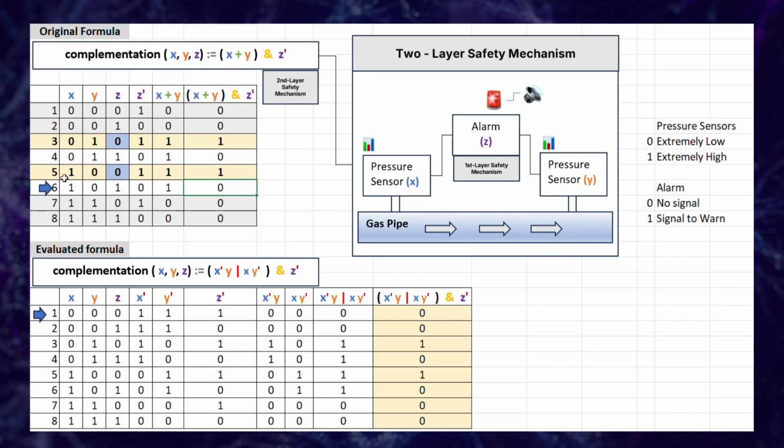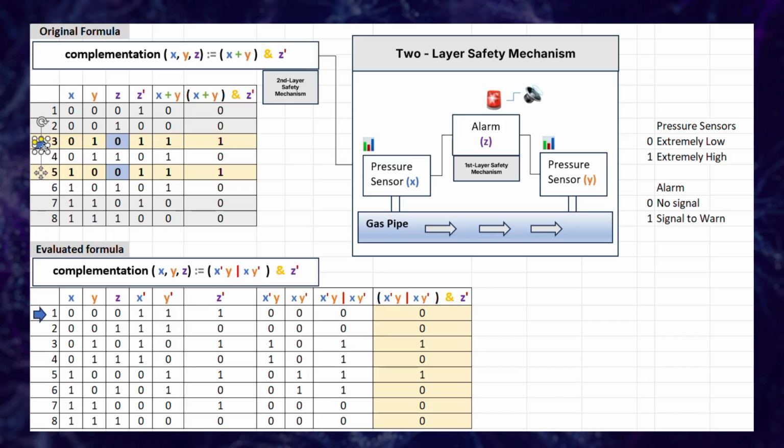But here, if both of them are different and the first alarm system Z, the first layer safety mechanism, didn't make an alarm, that's the time the second layer safety mechanism will kick in.